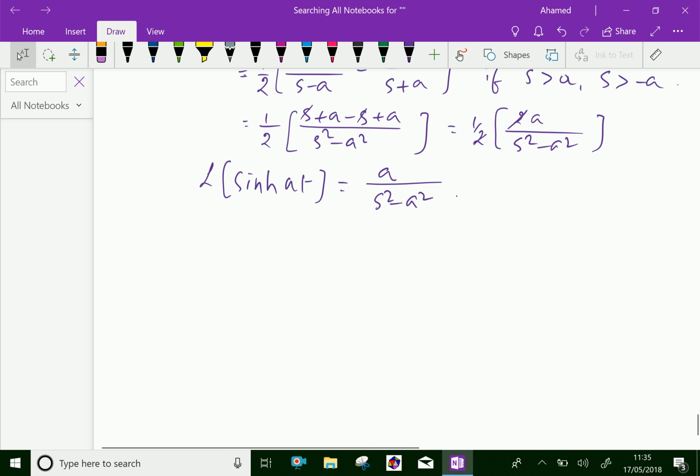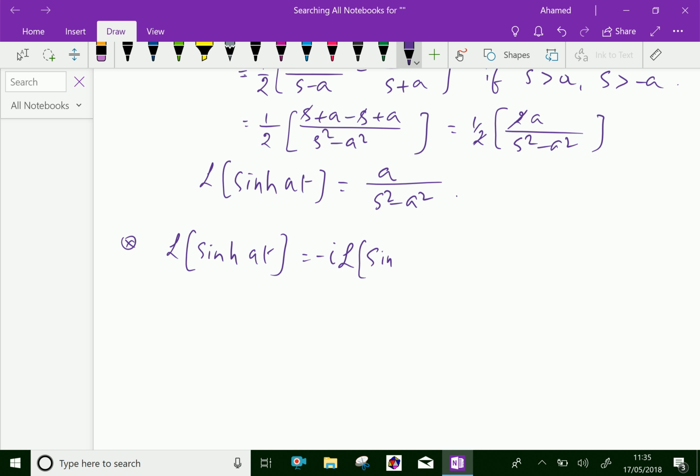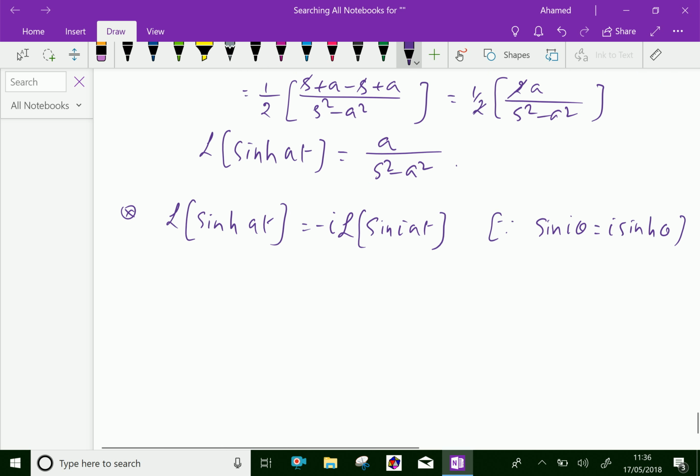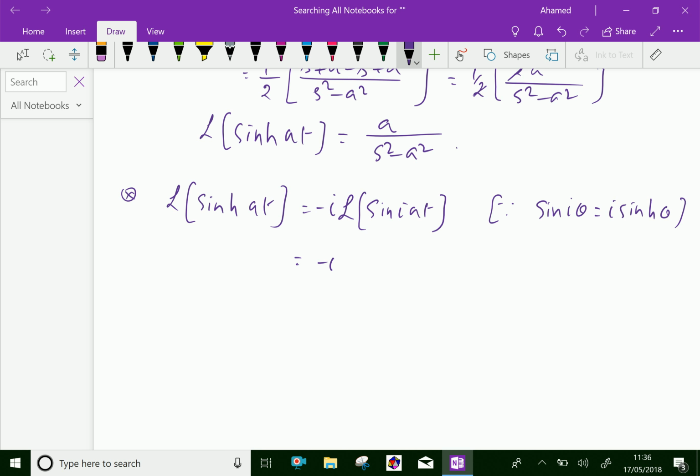The Laplace transform of sinh at we can write as minus i of the Laplace transform of sin iat, since sin of i theta we can write as i sinh theta, so sinh theta is equal to minus i times sin i theta.